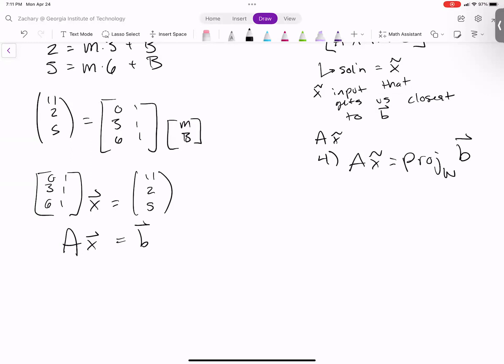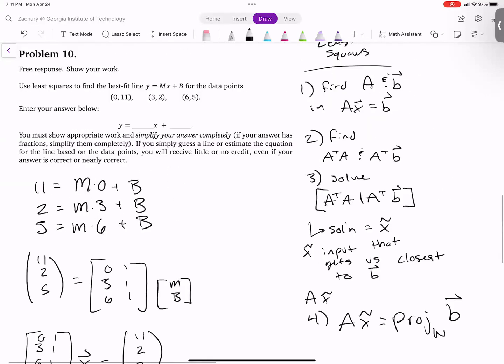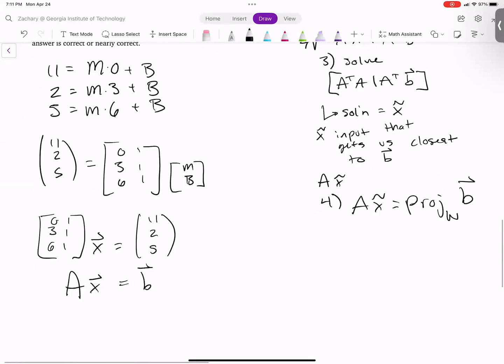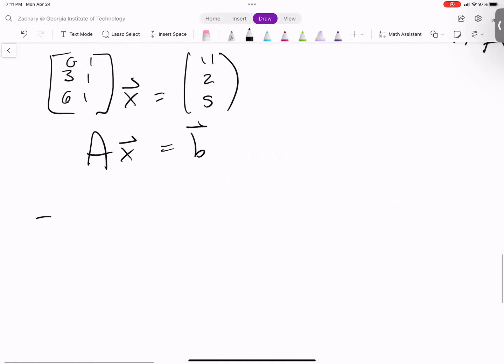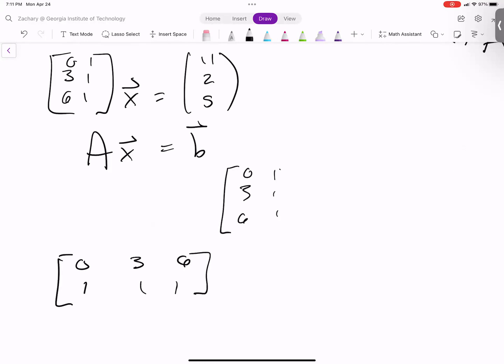From here, the process says that next we have to find A transpose A and A transpose B. So let's find A transpose A first. 0, 3, 6, 1, 1, 1 times 0, 3, 6, 1, 1, 1. What I do is I build my little bridges to show which rows and columns are connected.